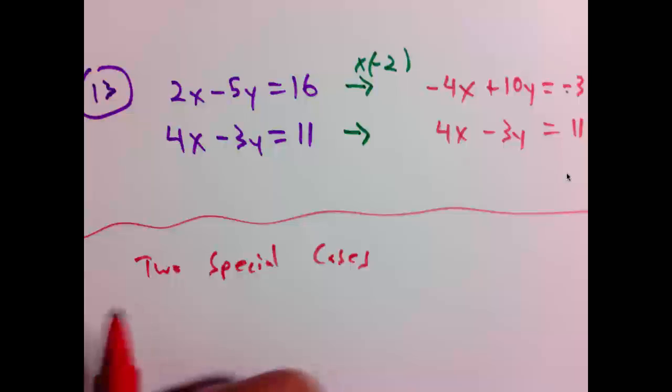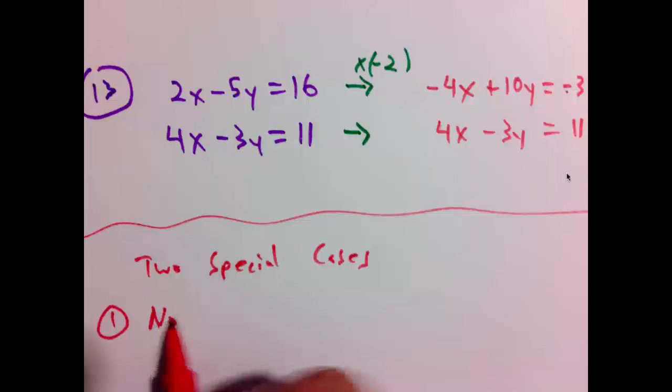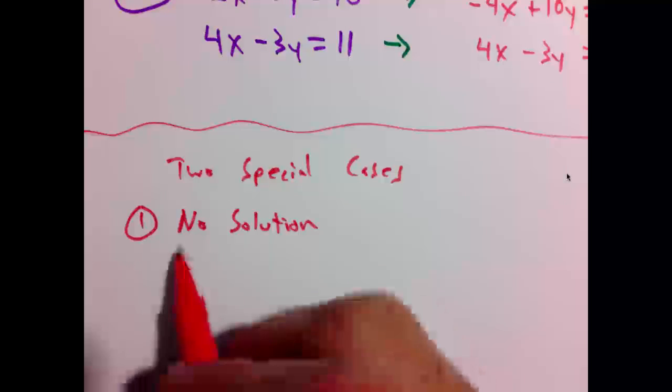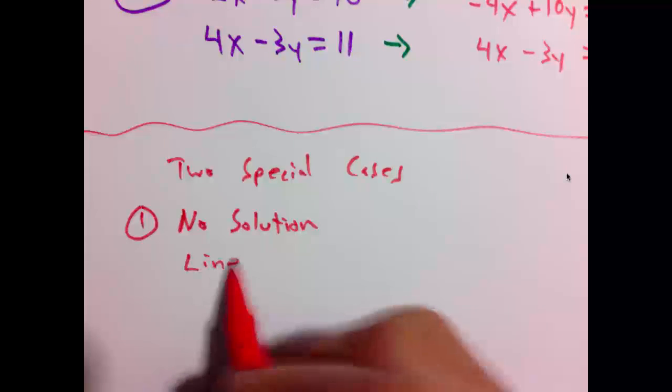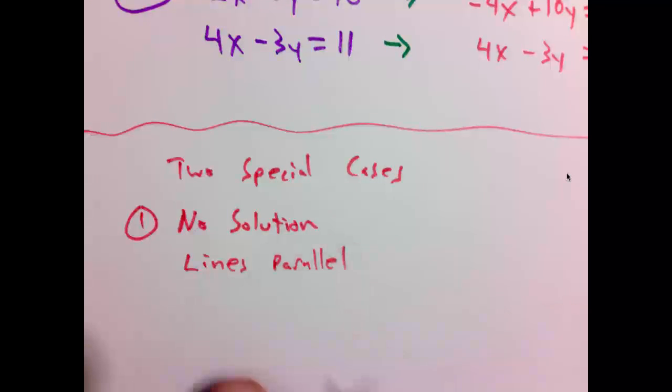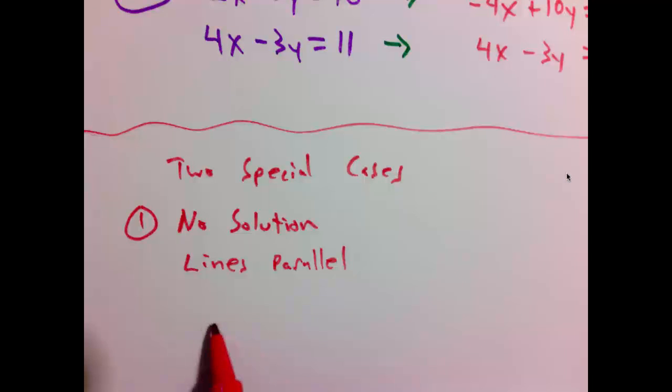One special case was the no solution case. No solution. Okay, and we had the no solutions when the lines were parallel. Well, with regards to our elimination method, what's going to happen is we're going to do the eliminating, and we're going to end up with some statement like this: 4 equals 0.